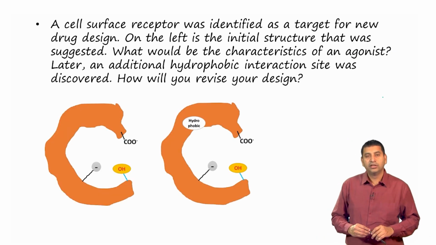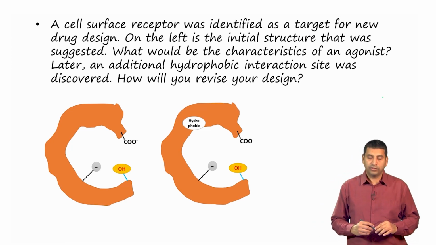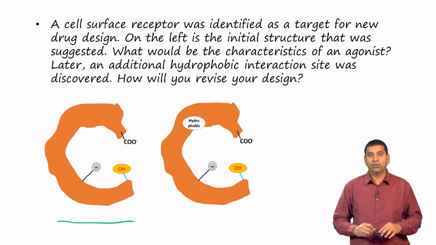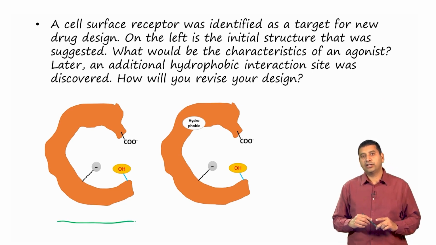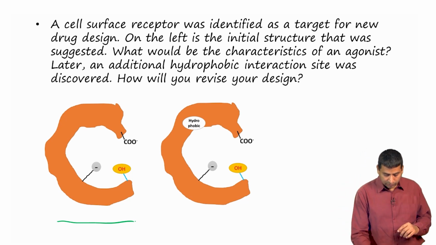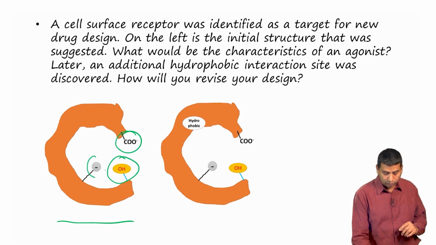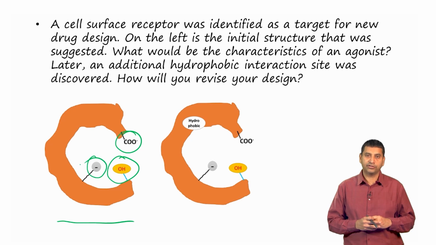The next question is, a cell surface receptor was identified as a target for new drug design. On the left is shown the initial structure. So, what would be the characteristics of an agonist? Here on the left is this molecule, and you can see that there is a carboxylic acid, there is a hydroxyl group, and there is a negative charge, which is probably a substrate for ionic interactions.